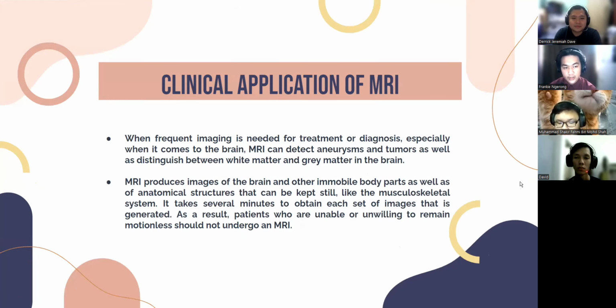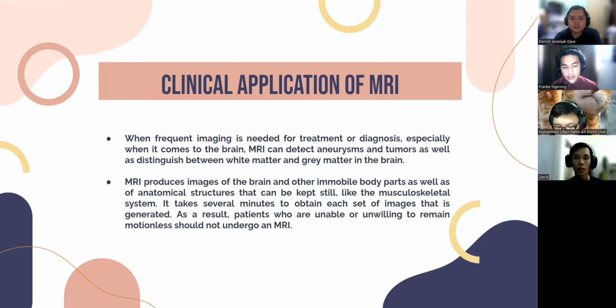When frequent imaging is needed for treatment or diagnosis, especially when it comes to the brain, MRI can detect aneurysms and also tumors, as well as distinguish between the white matter and gray matter in the brain.